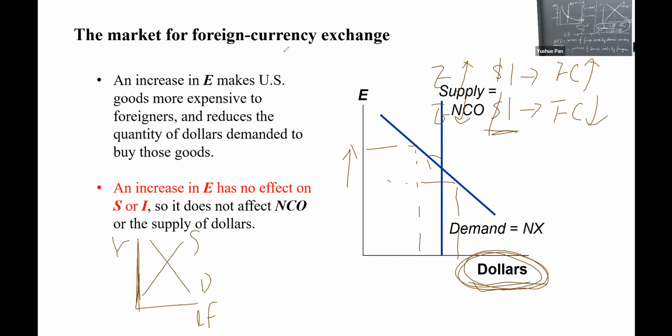Supply and demand. This is the domestic market. Imagine you want to invest in the United States, buying some bonds or some shares and stocks. Are you going to consider the exchange rate? No, you are not. You're only going to consider the real interest rate in the United States.